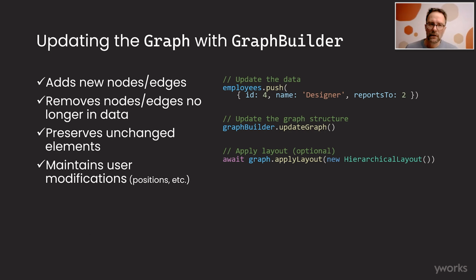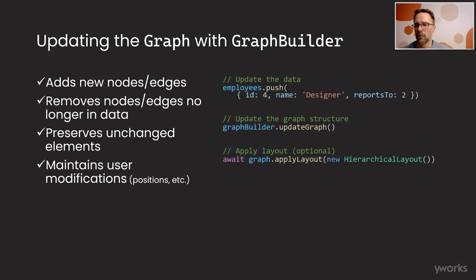Last but not least, I hinted at this before. One of the advantages of using GraphBuilder is that it also helps you with updating. If you update your data, for example, if there's new data coming in from the server, you just change the values in employees, and then you can call update graph, and it will perform the necessary changes.